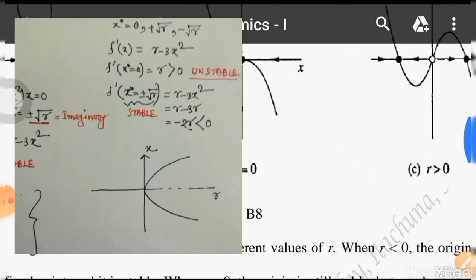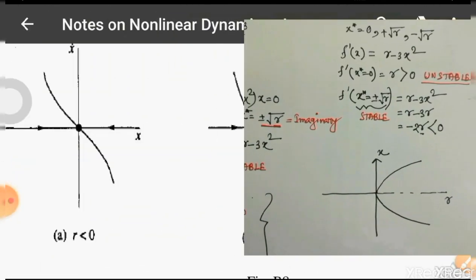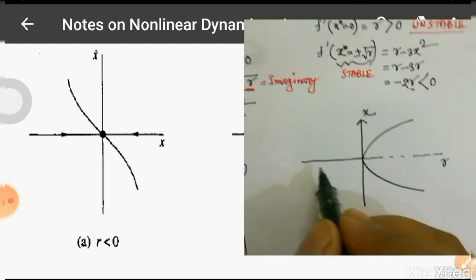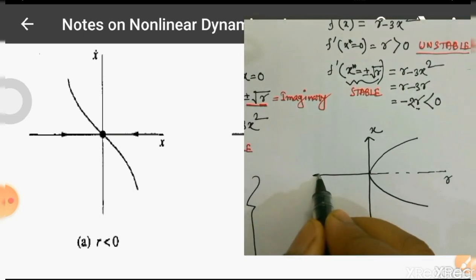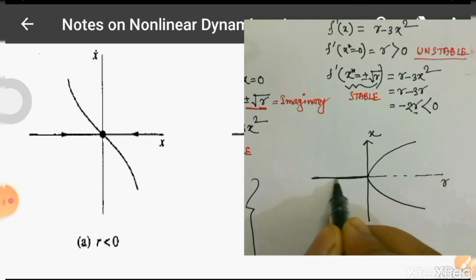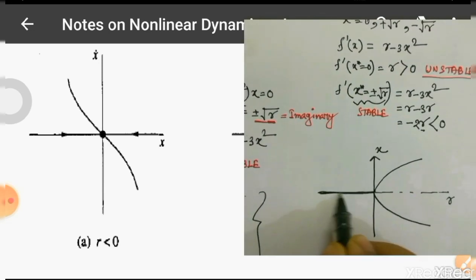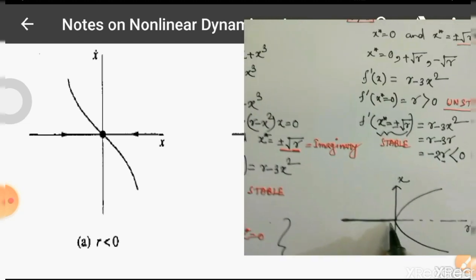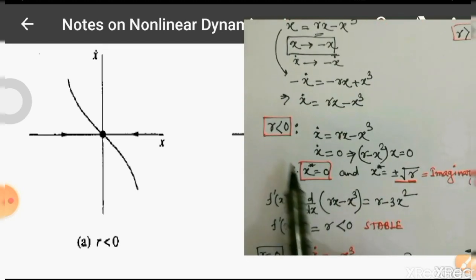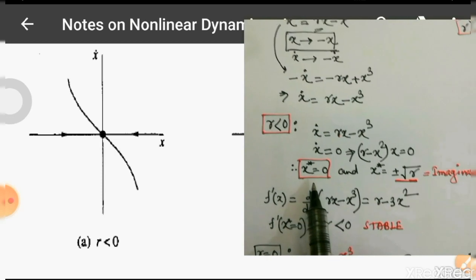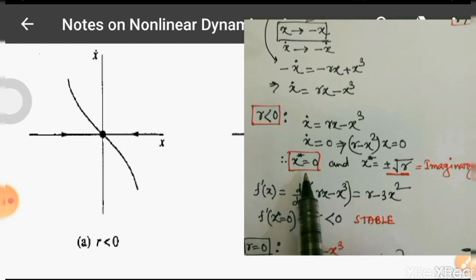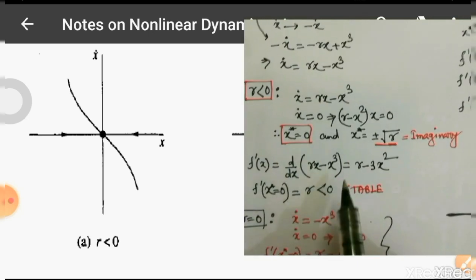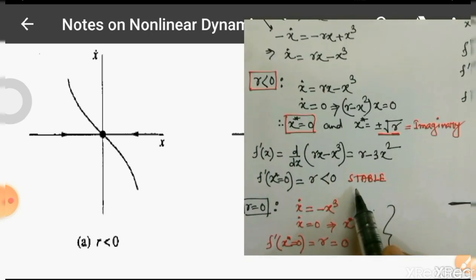Here for r less than 0, in this part of the curve, in this direction r is less than 0. When r is less than 0, there is only one fixed point which is at x equal to 0 and which is also a stable fixed point.